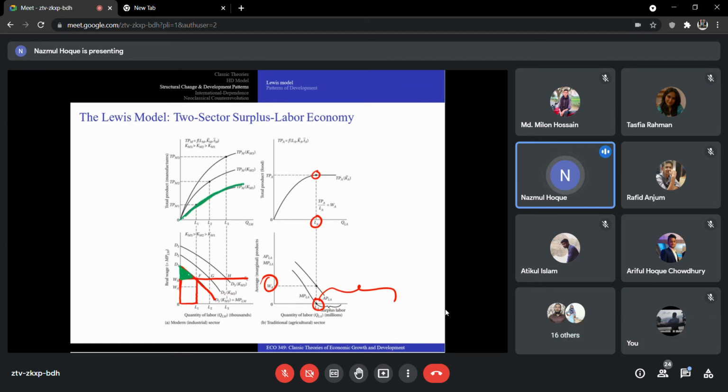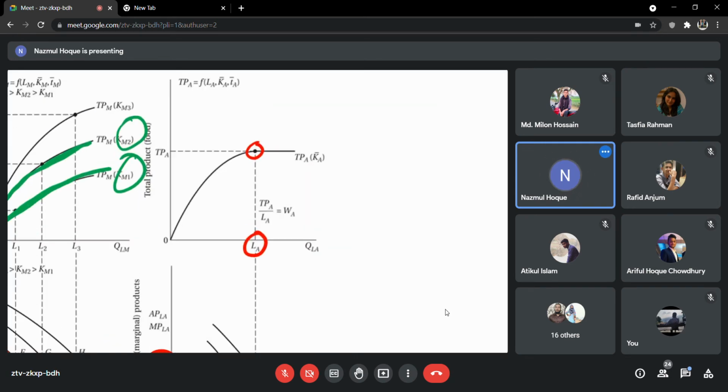This was the original total product function with KM1 amount of capital. Now, because of the reinvestment of profit, capital stock rises to KM2, and the new total production function would be a higher line. The line shifts upward, as you can see here.